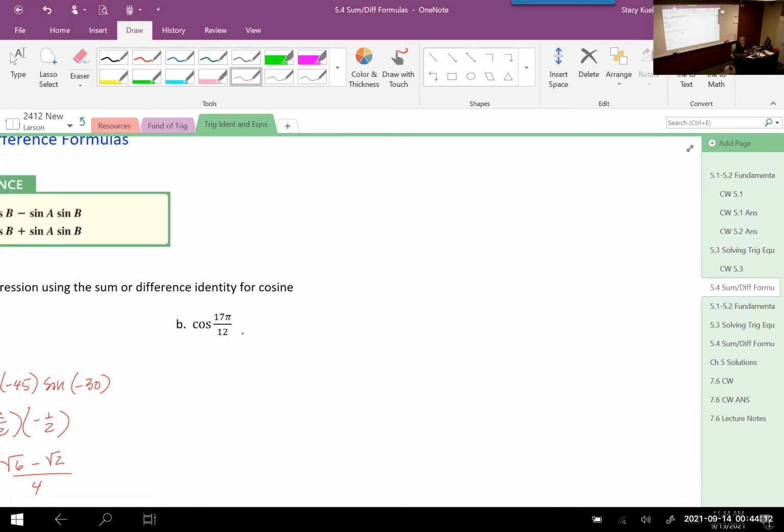Gotta have common denominators. Basically looking for things in terms of 12ths, right? Because I have a 12 for a denominator here. I want to know what numbers add together to give me 17 12ths. Can I change all of those fractions into 12 equivalent fractions?